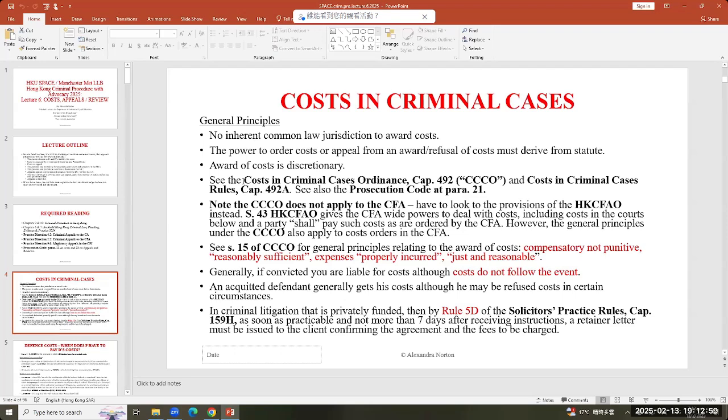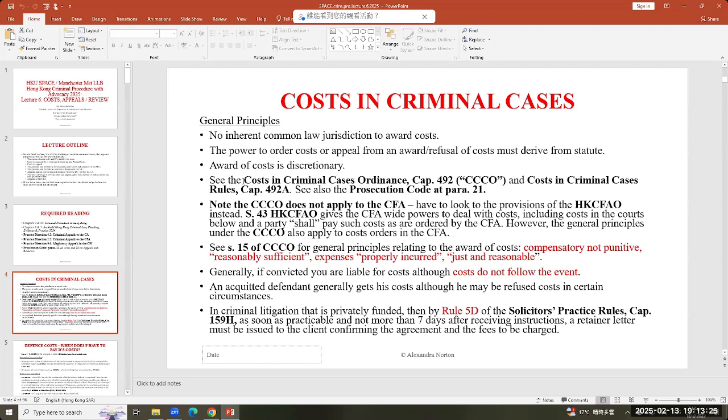But as general principles, any cost orders should be compensatory, not punitive in nature. The exception to that is Section 18 of the Costs in Criminal Cases Ordinance, which relates to wasted costs orders that can be imposed against legal representatives. Costs, therefore, the idea is to put the party back in the same position before the litigation commenced.